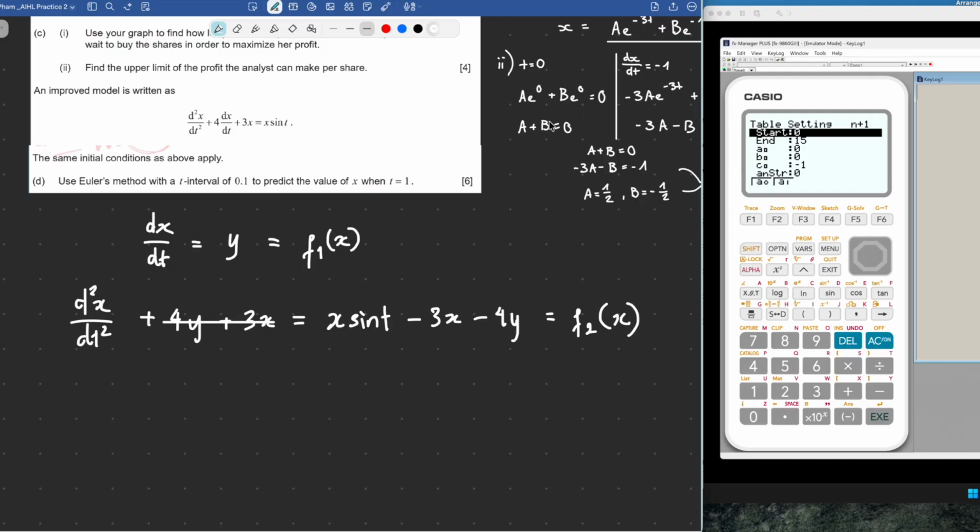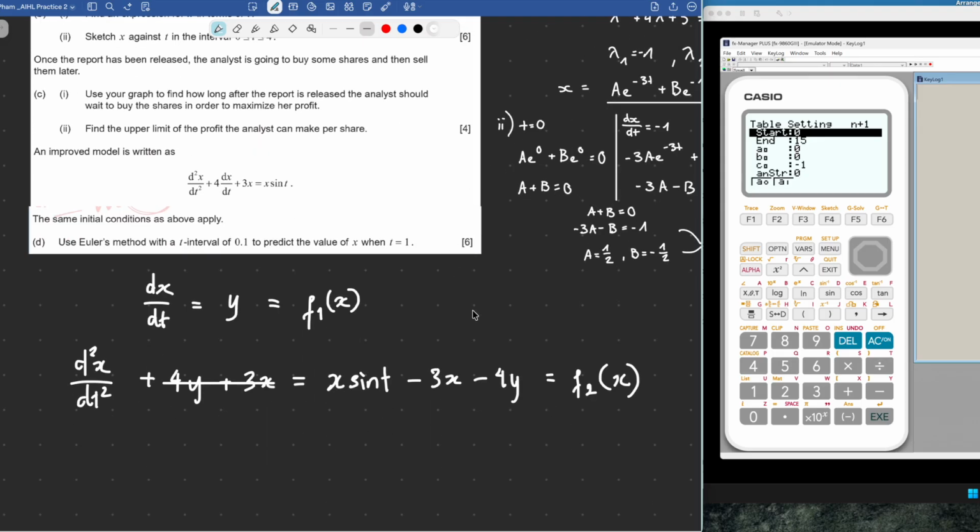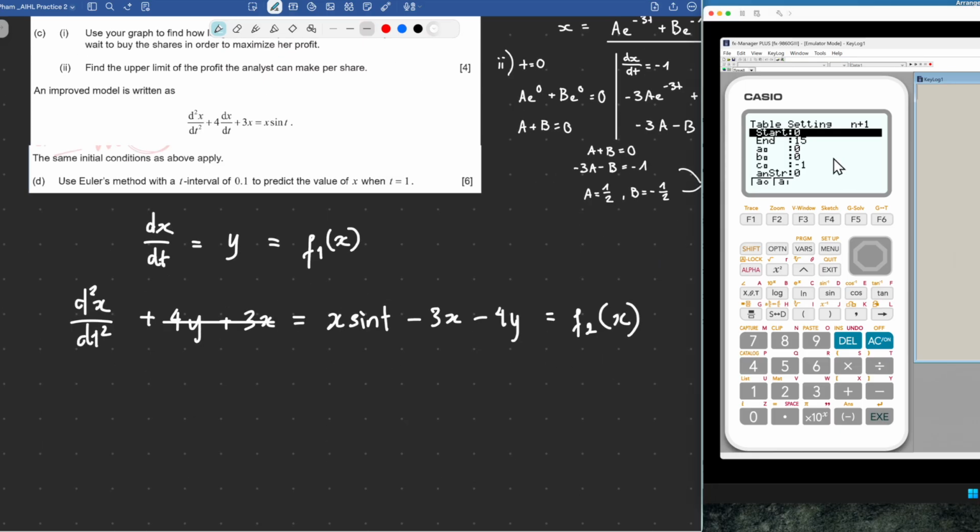The time starts from 0, and we want to find the value of x, which means the price of the stock at the time of 1 minute. Because the step is 0.1, it will take 10 steps to go from 0.1 to 1: 0.1, then 0.2, 0.3, 0.4, etc. So I will choose 10 steps in the end here.